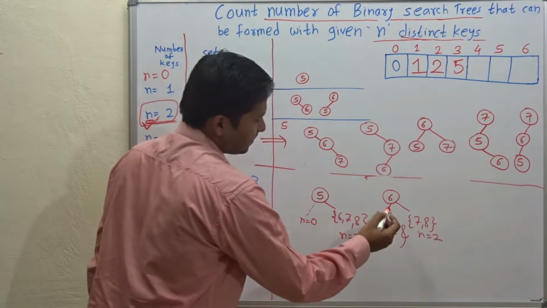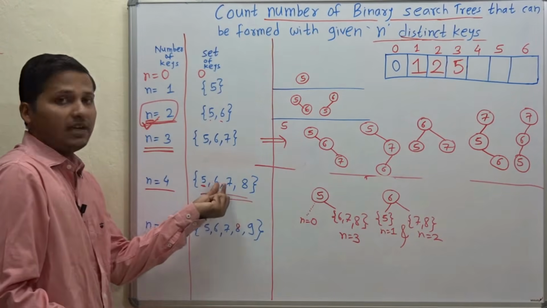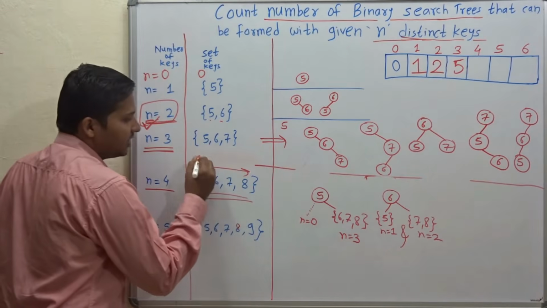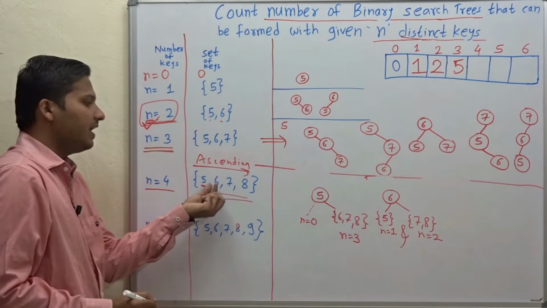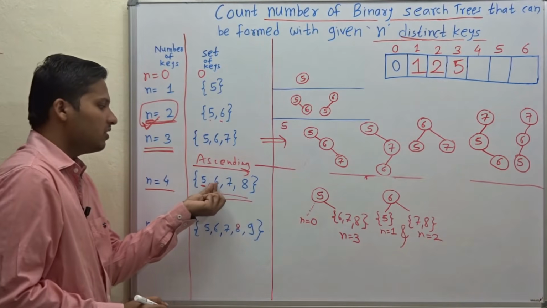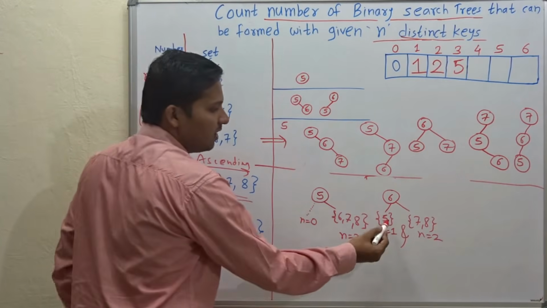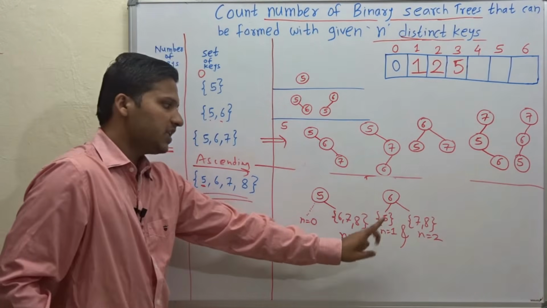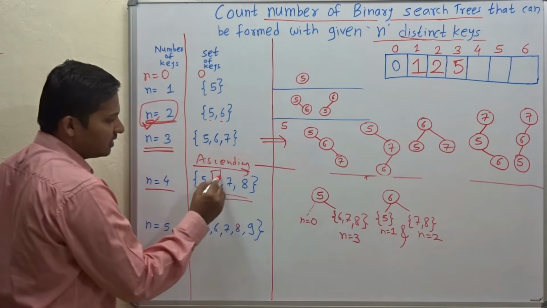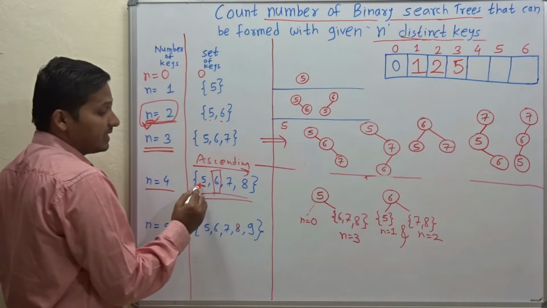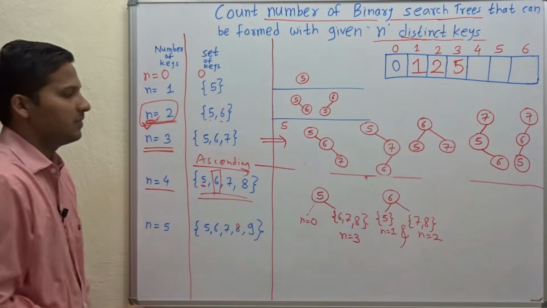Okay, then for 6 as the root, means for the second element in this ascending order, if we make that element the root, then there will be one element on the left side and two elements on the right side, because in this order there is one element which is less than 6 and two elements which are greater than 6.